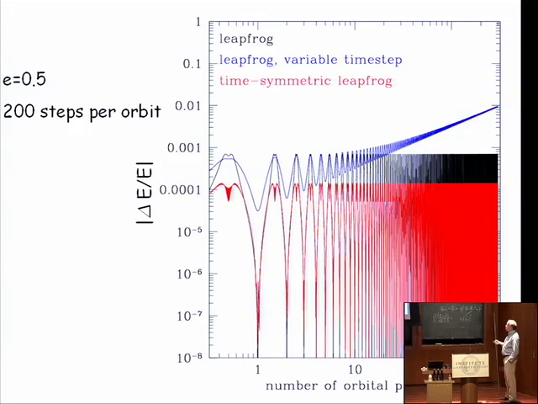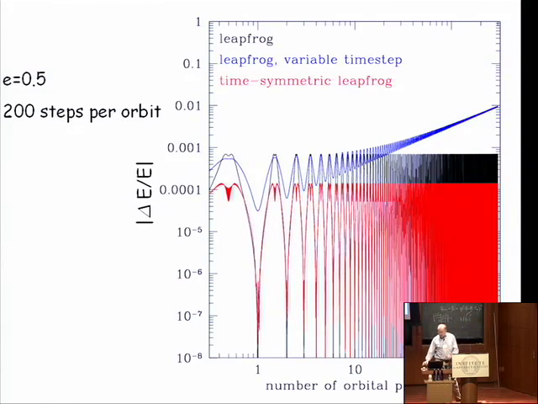And as advertised, you've completely lost all of the good behavior of a geometric integrator. On the other hand, if I use the algorithm that was described on the previous slide, not only is the energy error fixed again, but you've gained most of an order of magnitude in the energy error simply because you're using smaller time steps when the particle is close to the central star, and the smaller time steps help you follow the orbit more accurately.